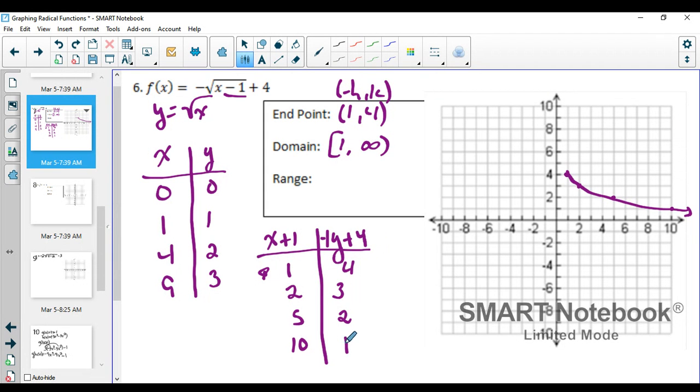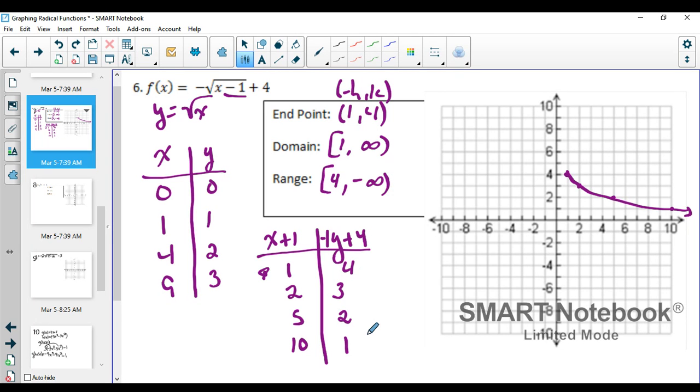And then our range, if you look, our highest y value is 4, and it's going to keep going down, down, down, down. So our range starts at 4, and then we'll go towards negative infinity.